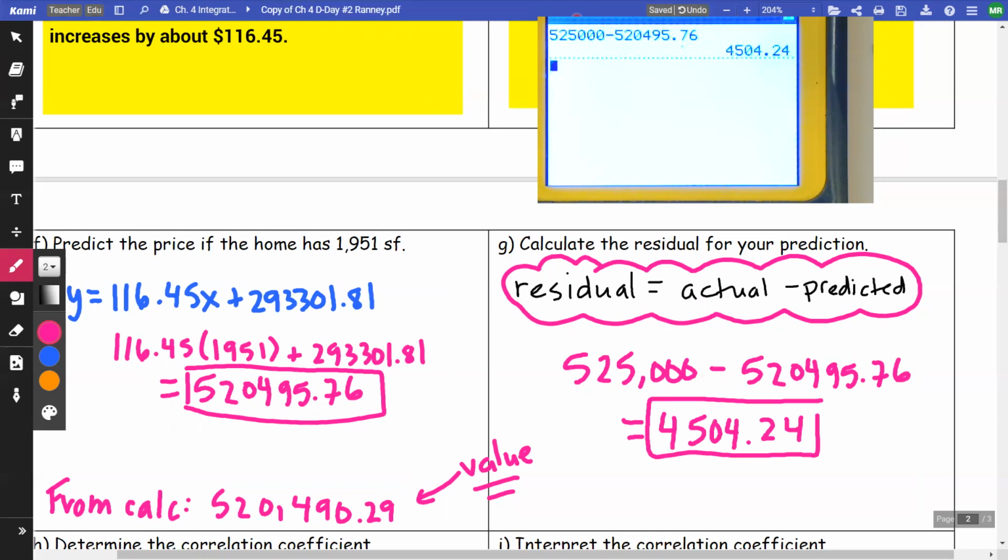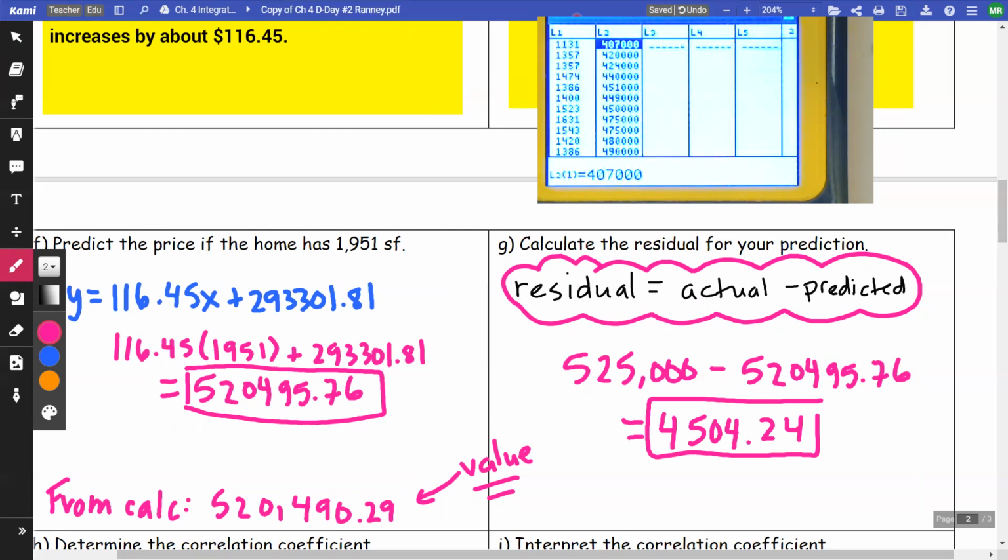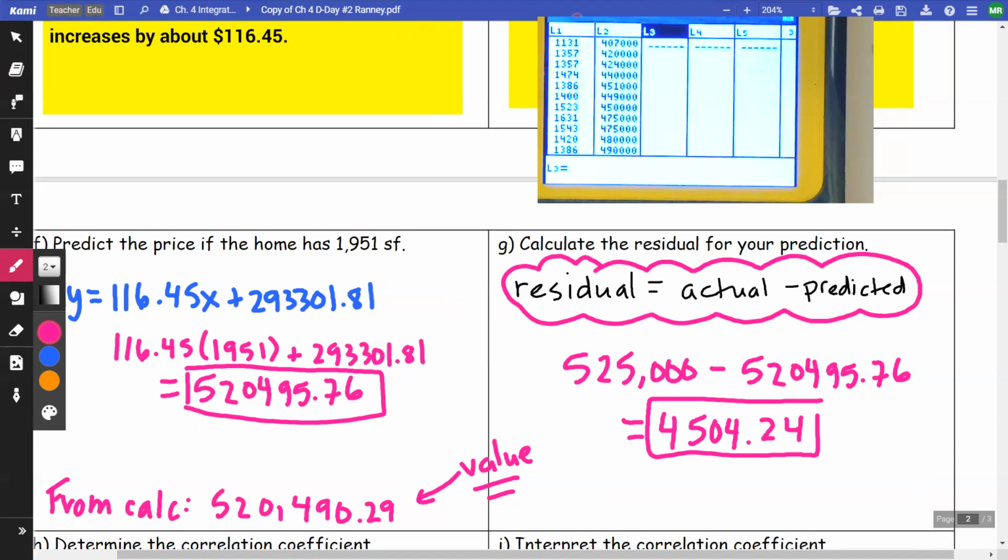If I am doing this using residuals on my calculator, I might get a slightly different answer. If you want to do that, you're going to go to stat, then edit, then up to your L3, and what you want is the button that says list. It's actually the stat button, but with the second button pressed.